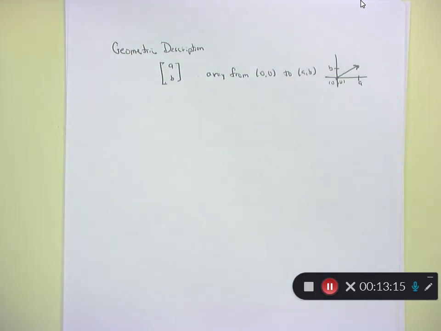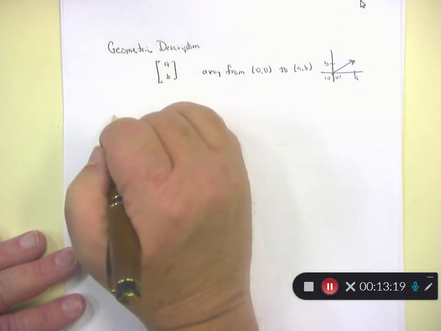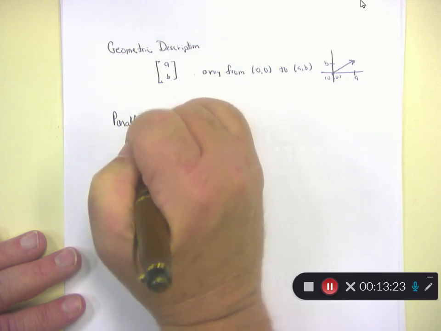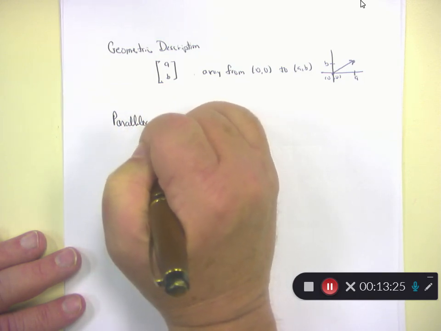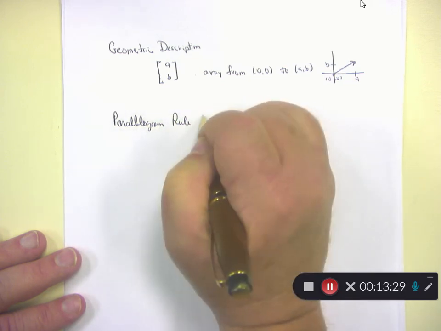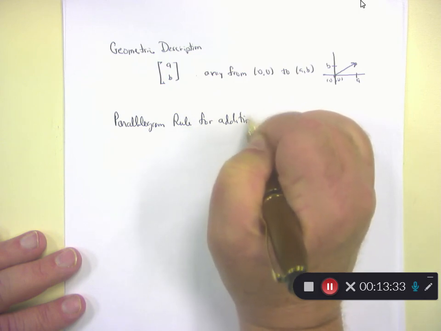So, again, with 2 by 2 and 3 by 3, that's all we can do with this stuff in terms of hand drawing it. The parallelogram addition.